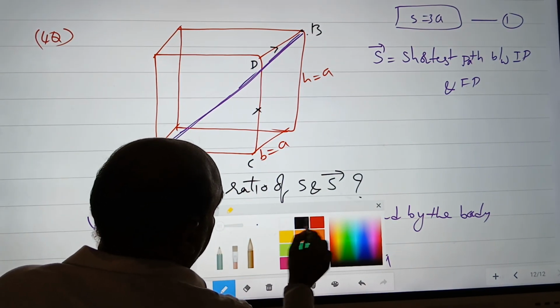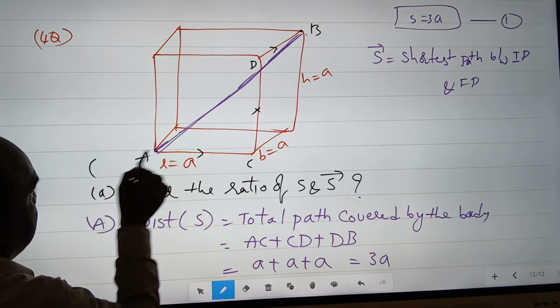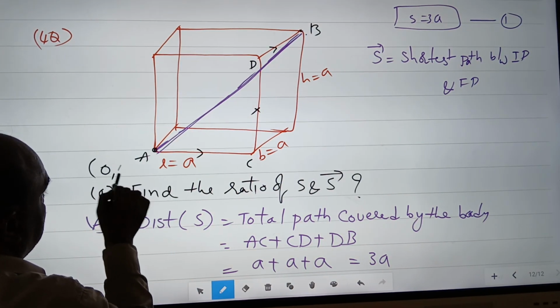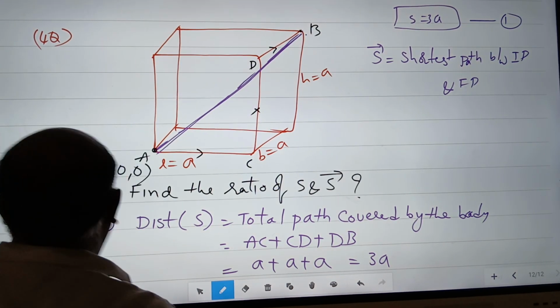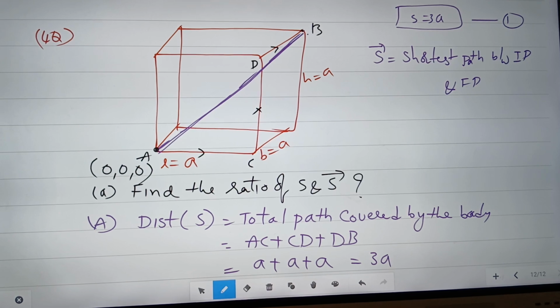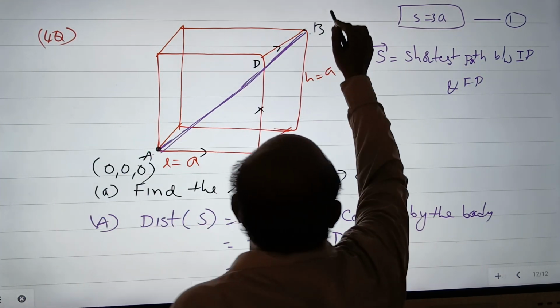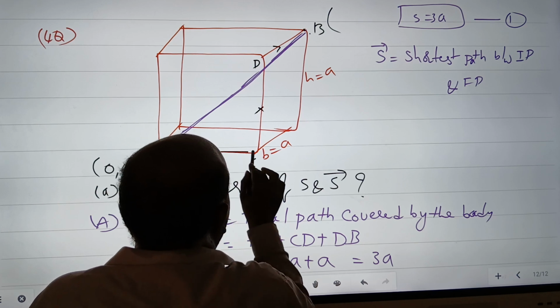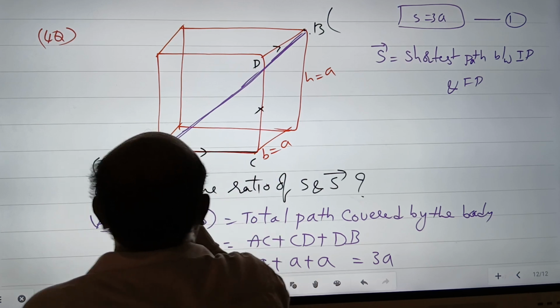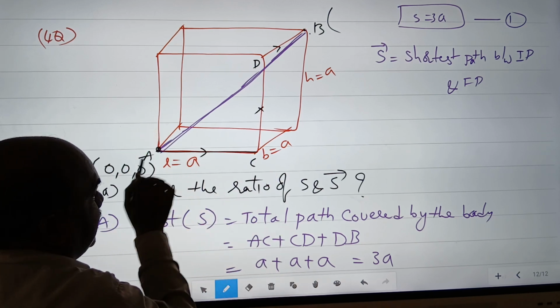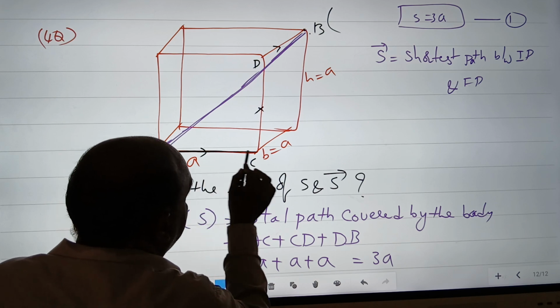So note down the initial position. Initially it started from here, so the coordinates are 0, 0, 0. What are the coordinates here? Suppose you consider this the origin, a distance A is moved on the x-axis.